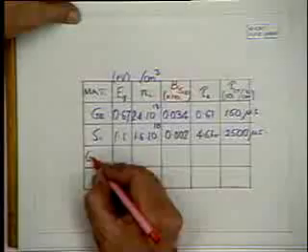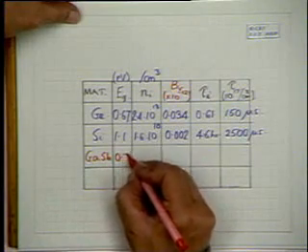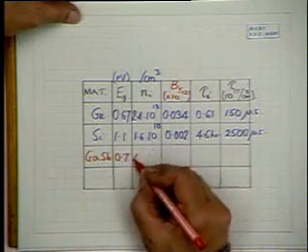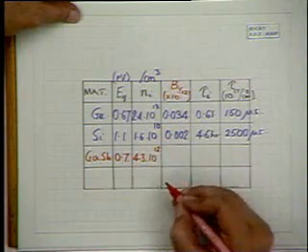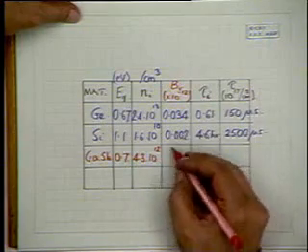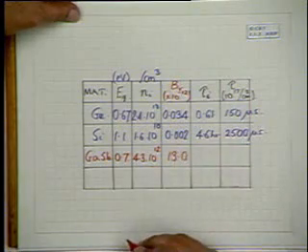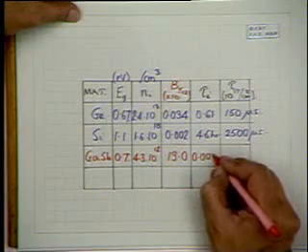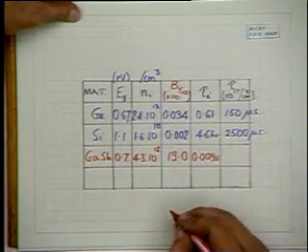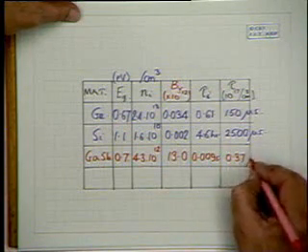If you compare this with materials like gallium antimonide, which is a direct bandgap semiconductor with a bandgap of 0.7 eV, the intrinsic carrier concentration is 4.3 times 10 to the power 12. BR is in the same units 13, and the lifetime tau I is 0.009 seconds, and tau is 0.37 microseconds.